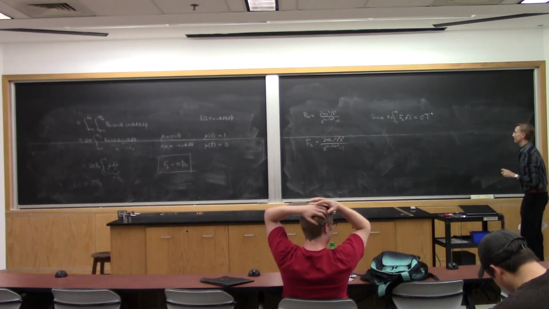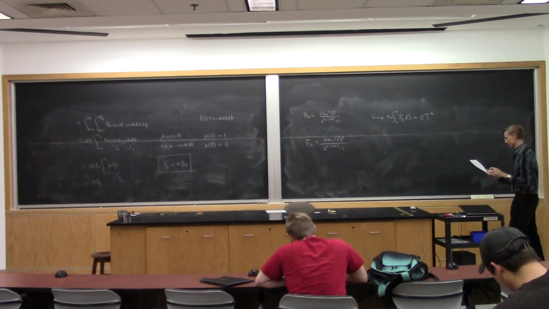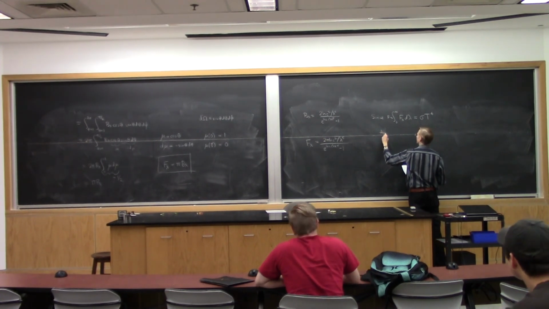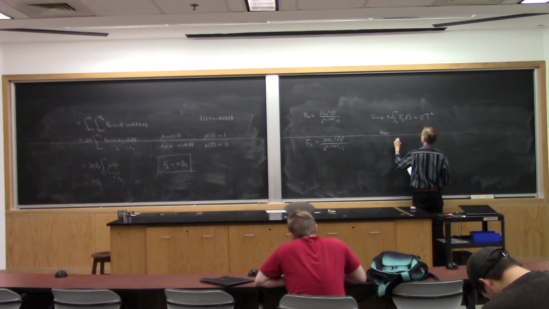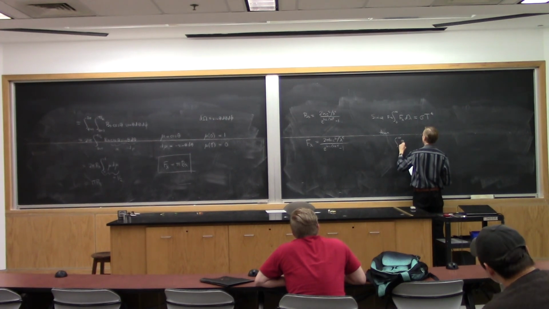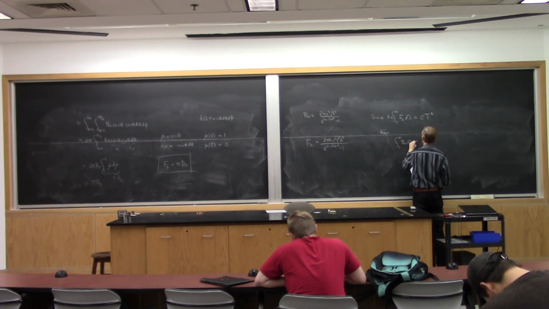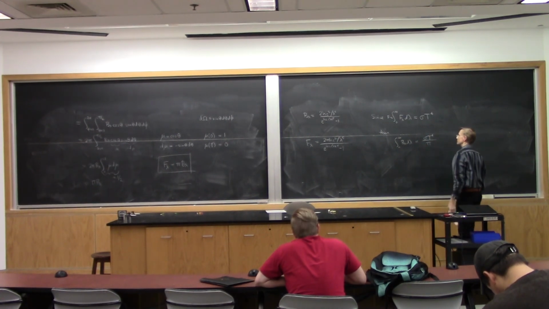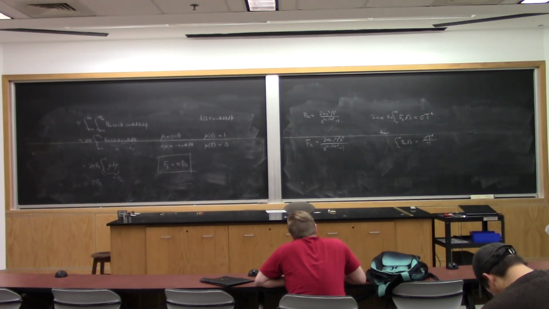Since F lambda integrates to sigma T to the fourth, then if you integrate B lambda, you get sigma T to the fourth over pi, since B lambda is F lambda over pi.